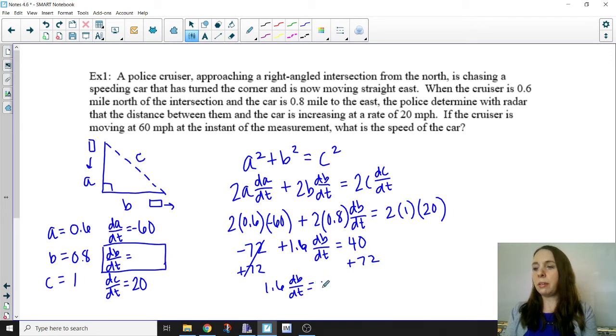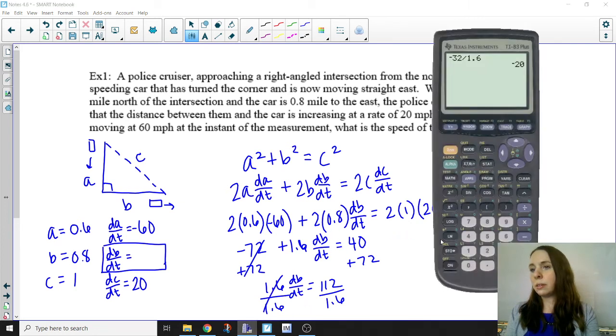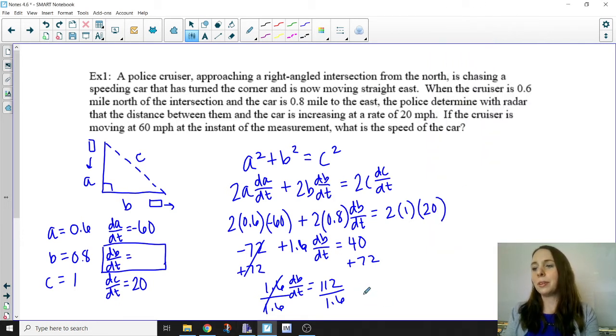What's that? 112. Take 112 divided by 1.6 and we have the speed of the car, 70 miles per hour.